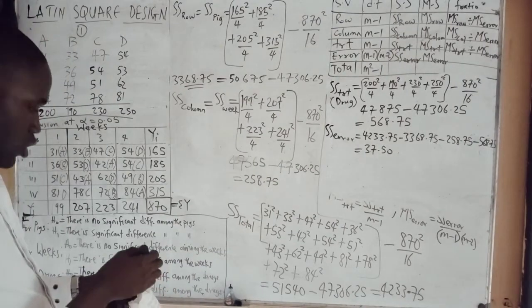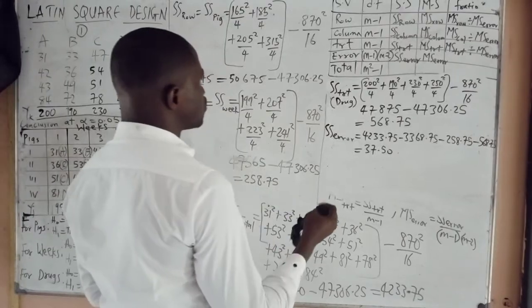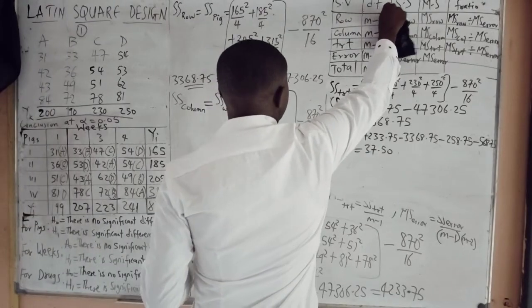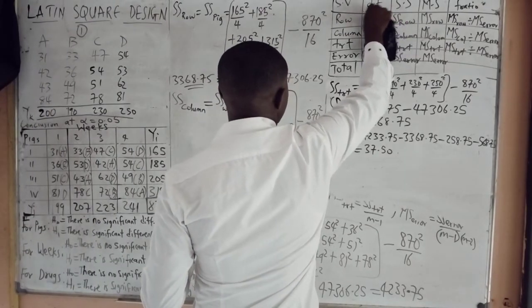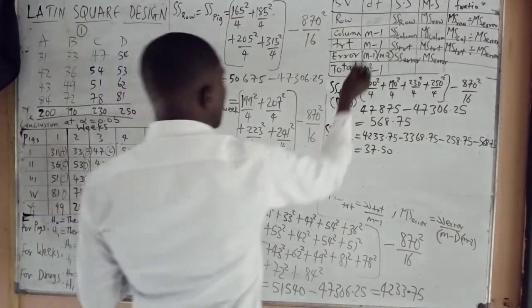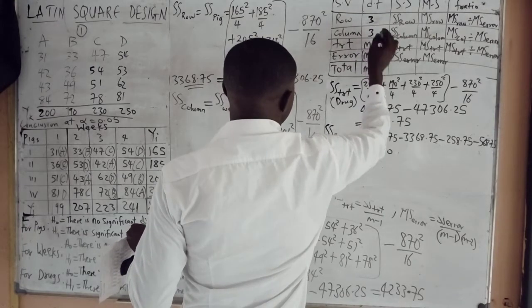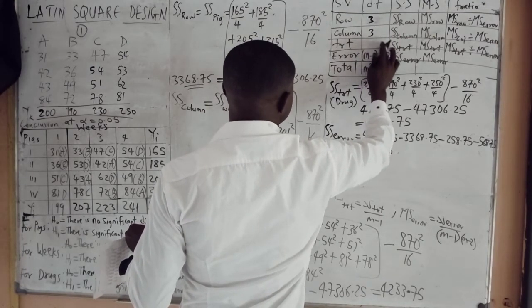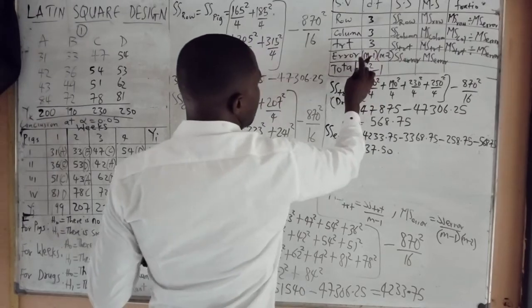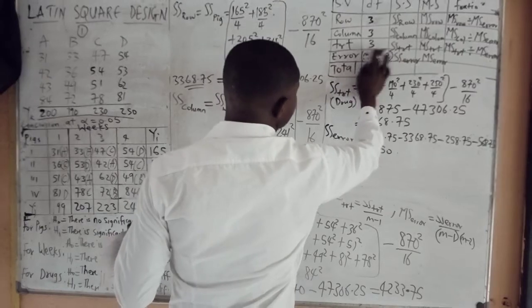So what you now do is that you come to your table and you start substituting your values. M minus 1, our M is 4. M minus 1 will be giving you 4 minus 1, 3. 4 minus 1, 3. 4 minus 2, 2. This times the 6.